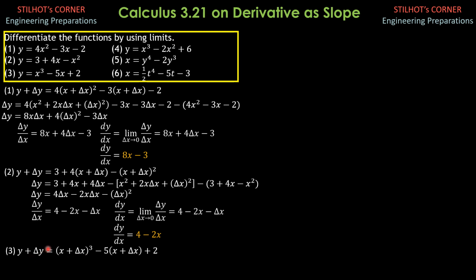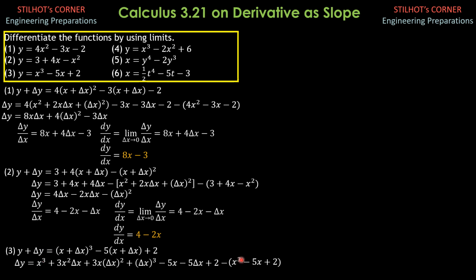In other words, delta y is equal to x cubed plus 3x squared delta x plus 3x quantity delta x squared plus delta x cubed minus 5x minus 5 delta x plus 2, then minus y, which is quantity x cubed minus 5x plus 2.